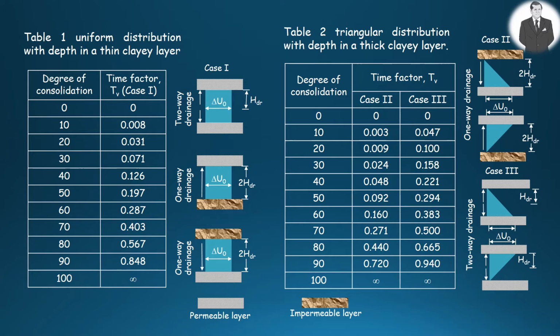For instance, Table 1 gives a relationship between the degree of consolidation and the time factor concerning the uniform distribution with depth in a thin clay layer. On the other hand, Table 2 presents a relationship between the degree of consolidation and time factor regarding the triangular distribution with depth in a thick clay layer.